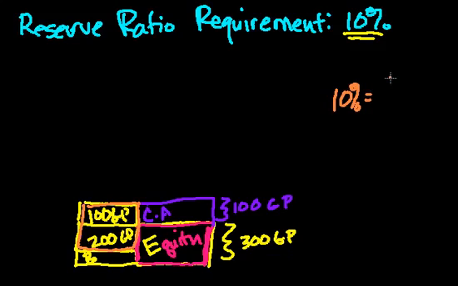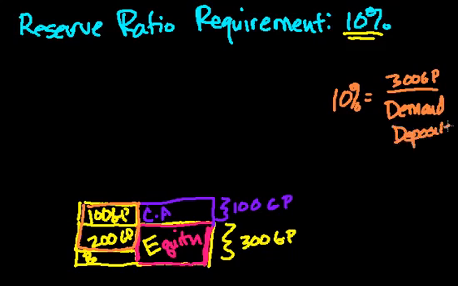I have 300 gold pieces of reserves, 100 from actual deposits, 200 that I put in ahead of time to start up my bank. That was my own gold. Over the total amount of demand deposits. It's demand deposits plus banknotes, but we'll keep it simple right now. I think you get the idea.